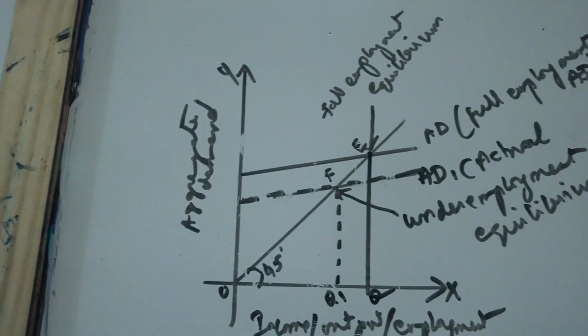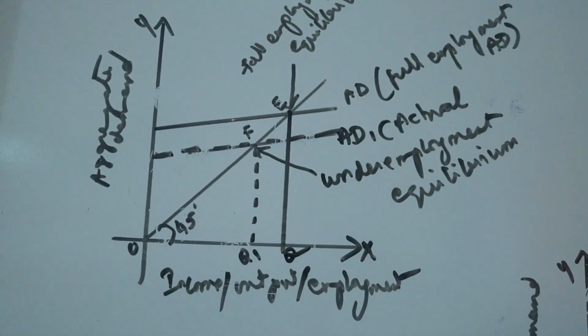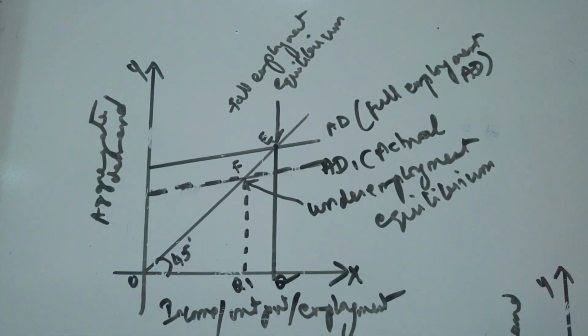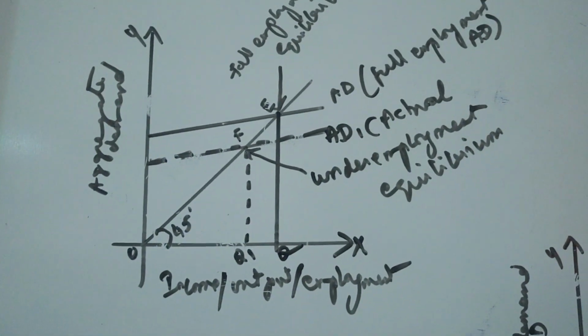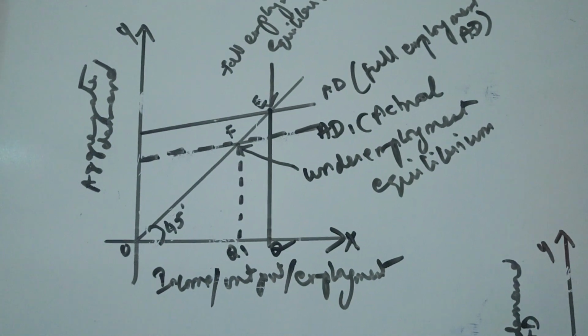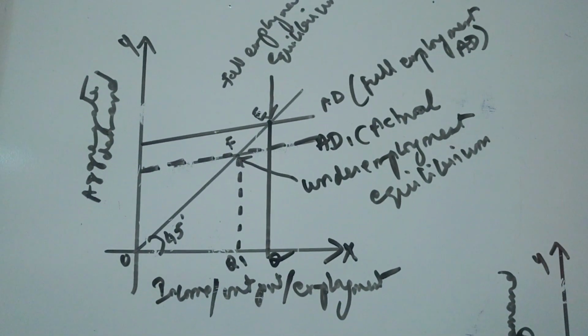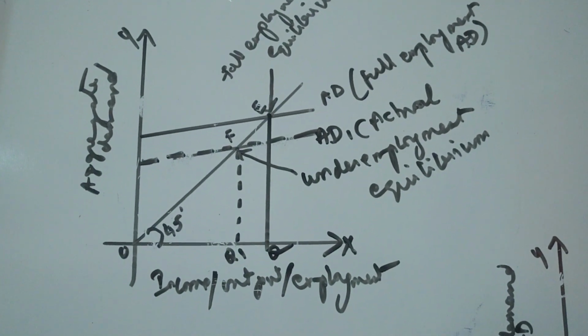Next we'll see underemployment equilibrium. It refers to the situation when the aggregate demand is equal to the aggregate supply, when the resources are not fully employed.